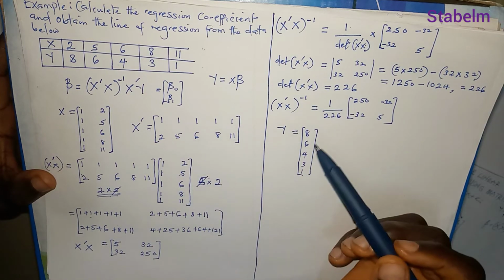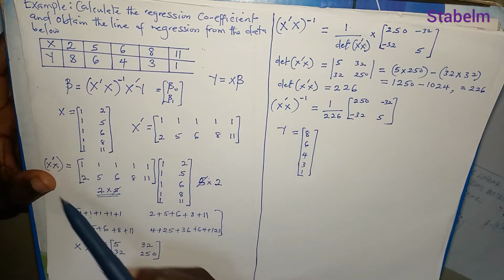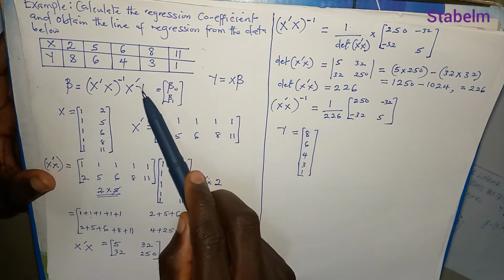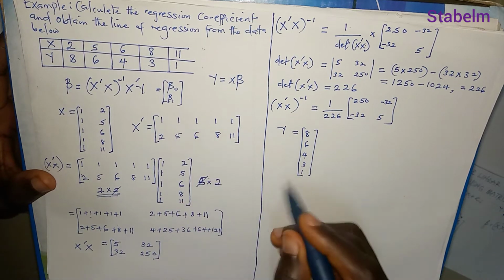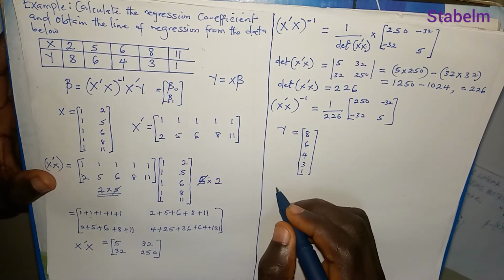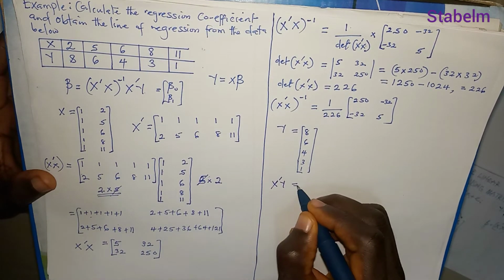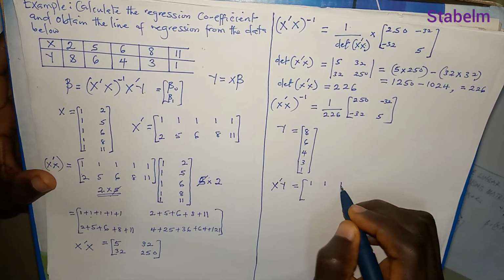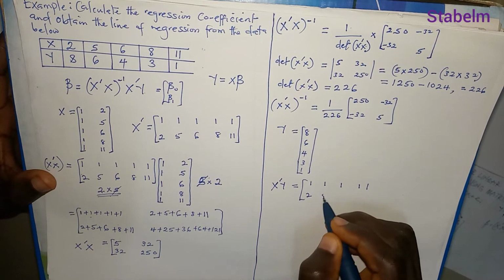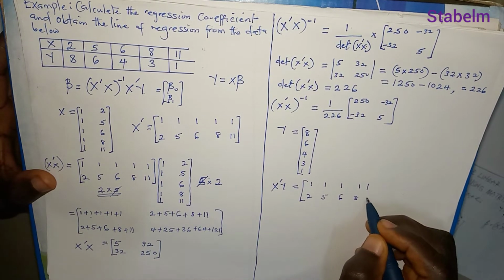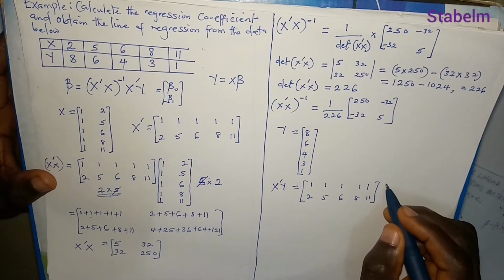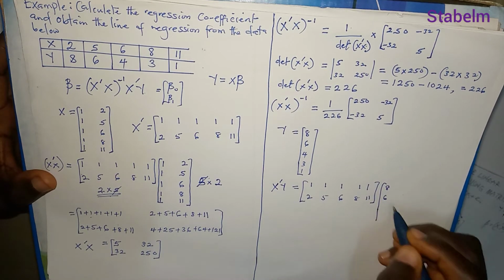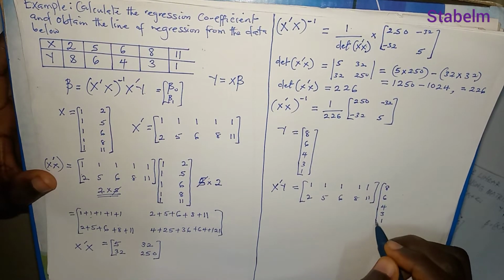We'll multiply x prime by y. x prime y equals, these are x prime here, 1, 1, 1, 1, 1, 2, 5, 6, 8, 11, multiplied by matrix y, and our matrix y is 8, 6, 4, 3, 1.